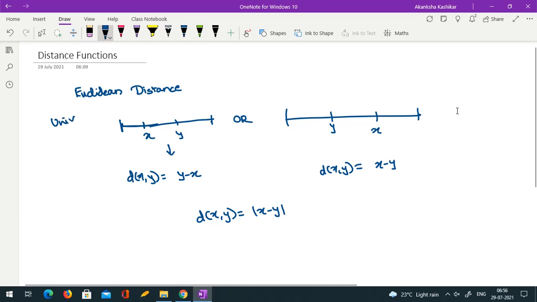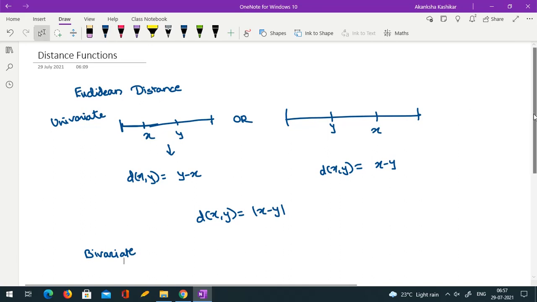In bivariate or multivariate setup, what would the formula be? Considering y1 is less than y2 and x1 is less than x2, it would be the square root of (y2 minus y1) whole square plus (x2 minus x1) whole square. Do you need them to be less?